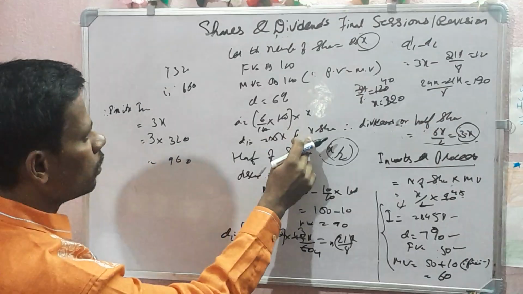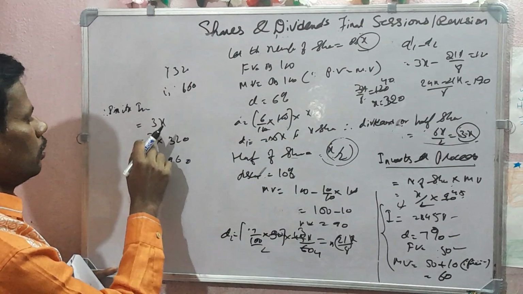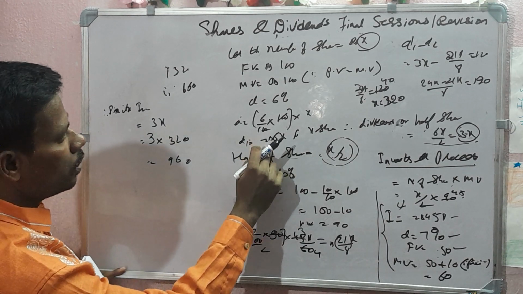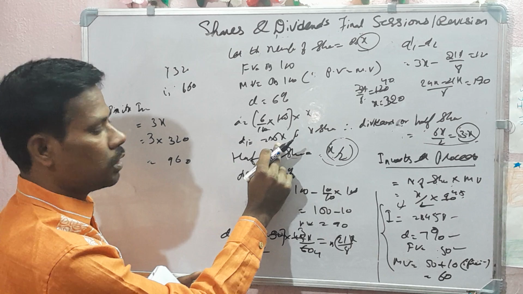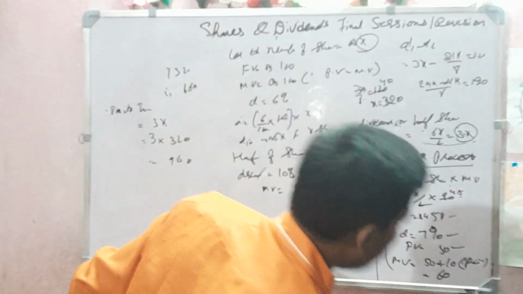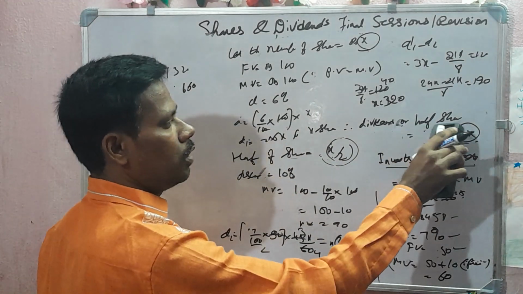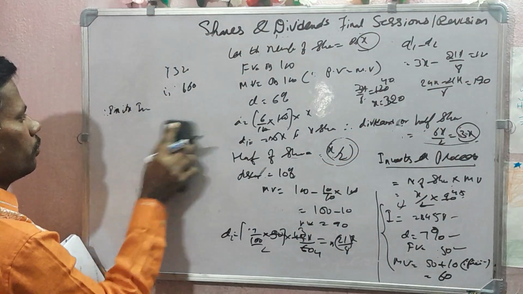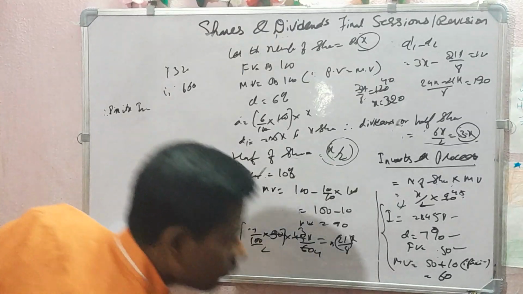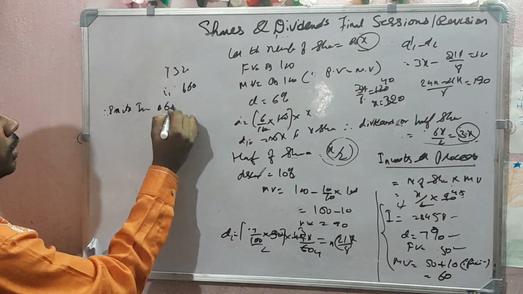Just 1 minute. Initial income D1 is 6x, no? Don't consider this one. Dividend on half of the shares is this one. Dividend on complete shares, the original initial income, is equal to rupees 6x.